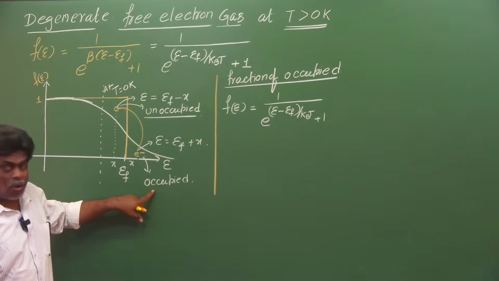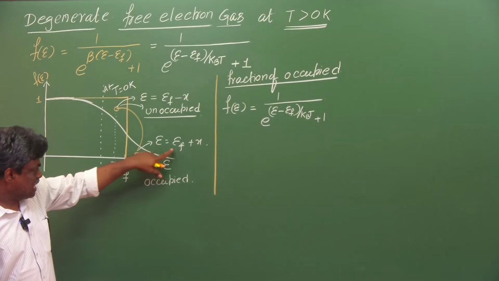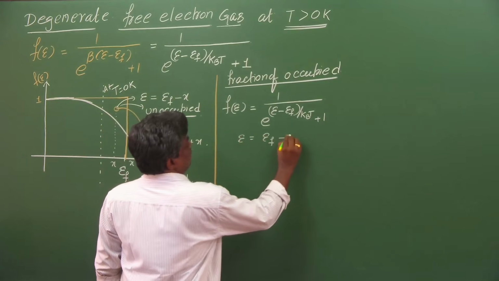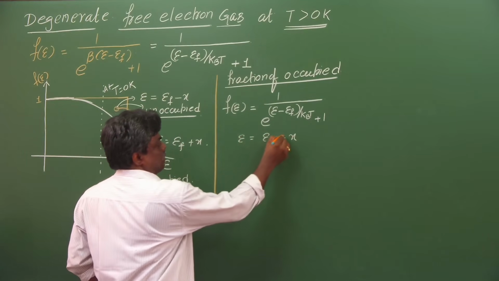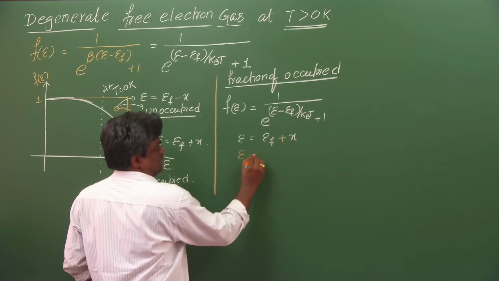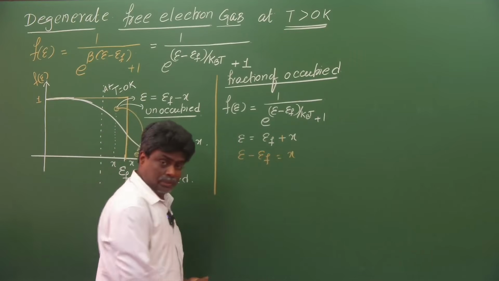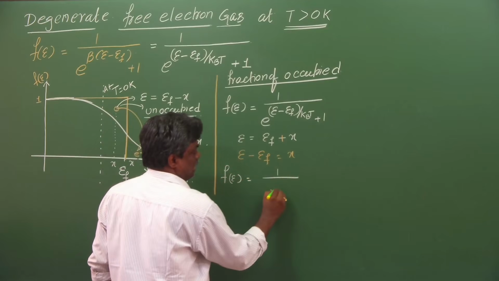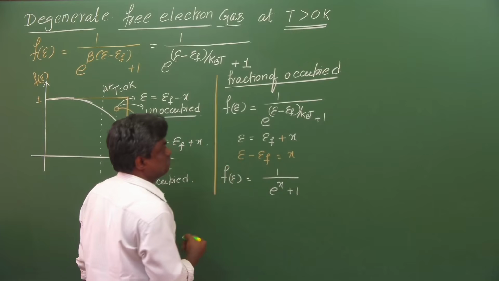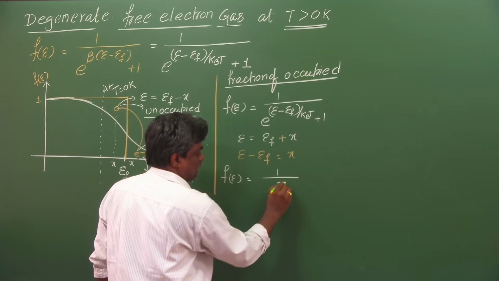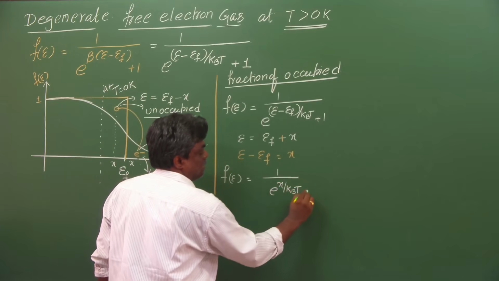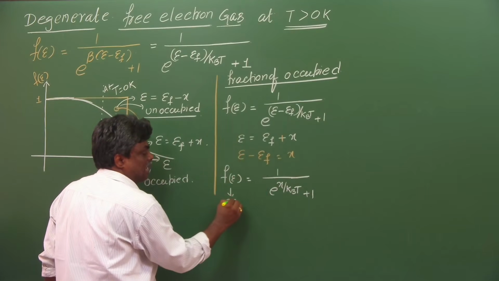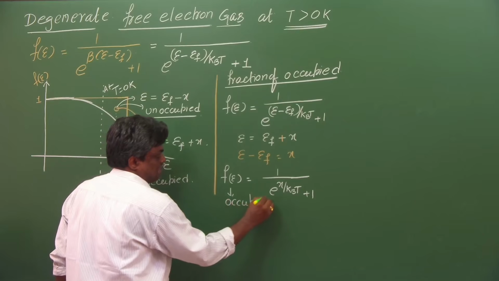Whenever you talk about occupied, what is the energy? E equals EF plus X. So E minus EF equals X. Substitute: f of E equals 1 by e raised to X by KBT, plus 1. This is the fraction of occupied.